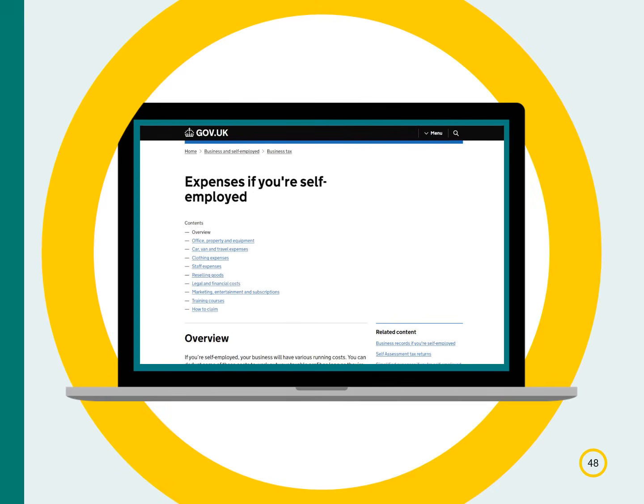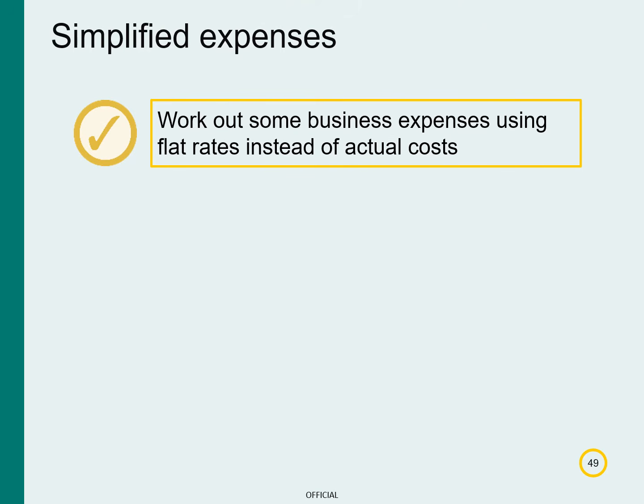You can find out more about expenses if you're self-employed on gov.uk. When you're self-employed, you can also use something called simplified expenses for some costs. They are a way of working out your business expenses using flat rates instead of your actual business costs.